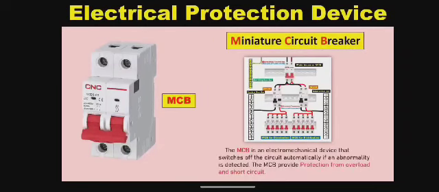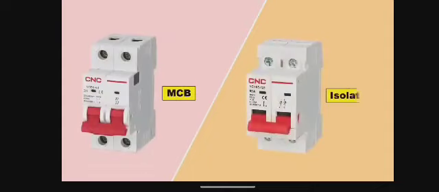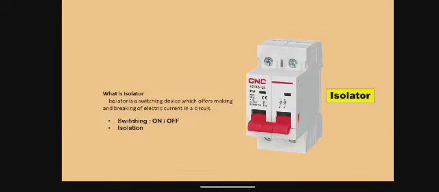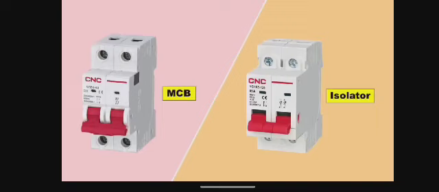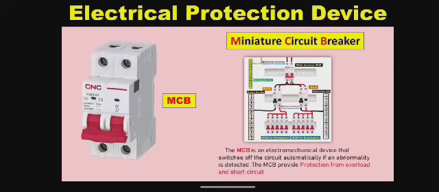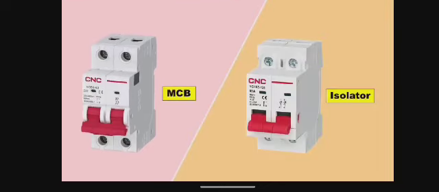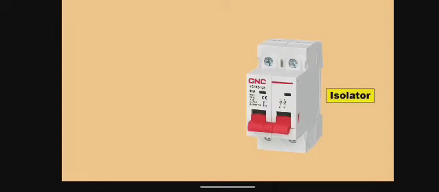Friends, before moving forward, I want to tell you one more thing: the MCB and the isolator both look almost the same. Just like your MCB, an isolator is also there. Although you can find various types of isolator, this MCB type of isolator looks exactly the same as an MCB. If you go to the market to buy an MCB, then from a profit point of view, the shopkeeper may sell you an isolator in place of an MCB.